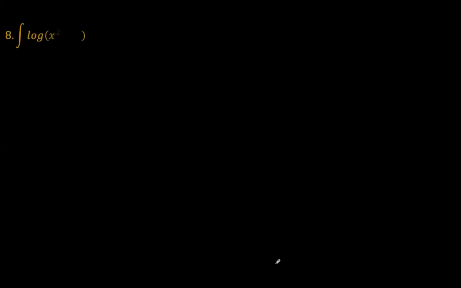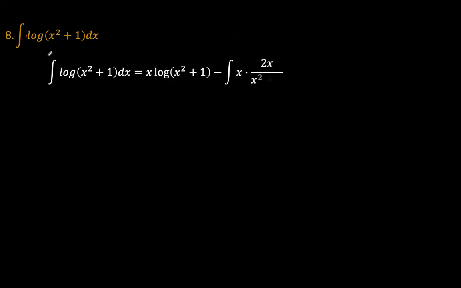Problem 8 is the natural logarithm of x squared plus 1. What we could do is use integration by parts, assuming that in place of 1 here we have dv, and so v is x. If u is log of x squared plus 1, then uv is x times log of x squared plus 1, minus the integral of v du, where v is x and du is 2x over x squared plus 1.